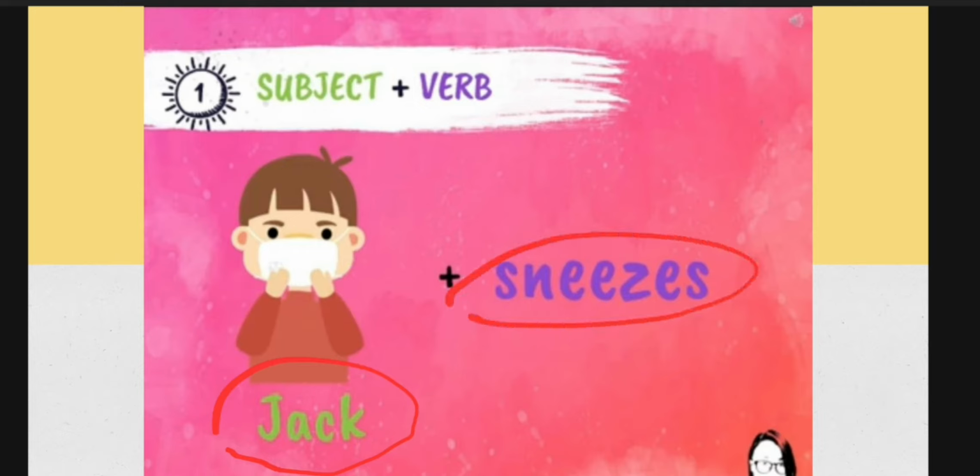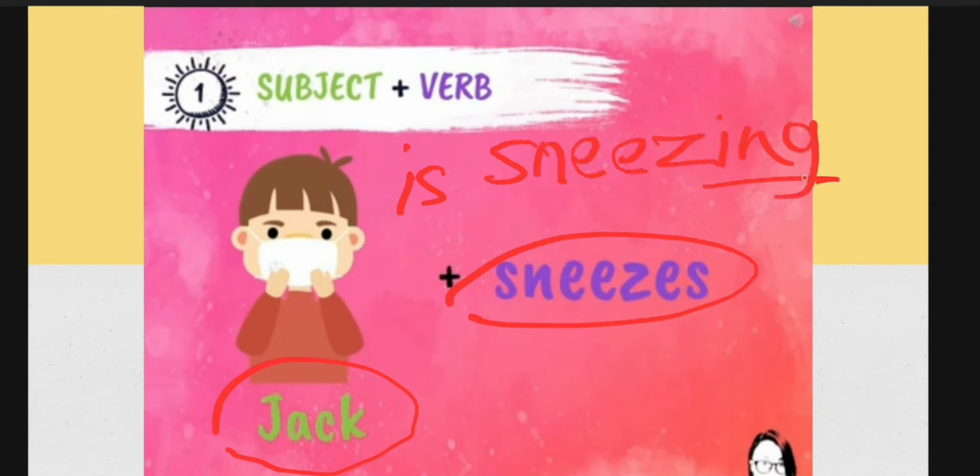Or maybe the one that we have been learning, if we put in is, Jack is one subject, so I'm using is. So the verb here should be sneezing. You put in ing, remember? So this is the basic form of a sentence structure that we have been doing for the past 2 or 3 lessons, I think.